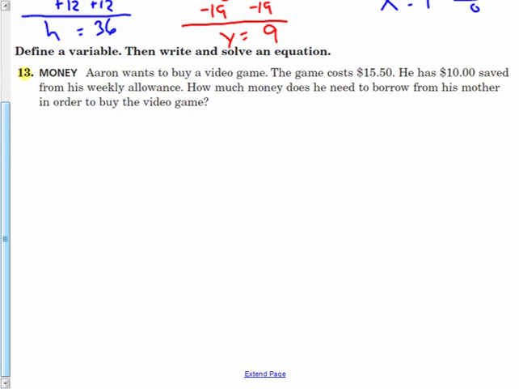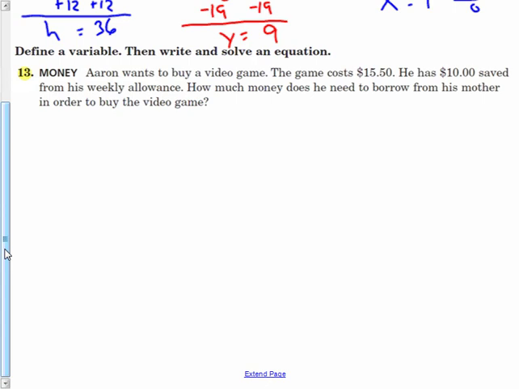How much money does he need to borrow from his mother in order to buy the video game? The tricky part is that students always want to go straight to the answer. I want to find out how much money Aaron needs, so I'm going to do 15.50 minus 10. While that's correct, you're skipping a step and getting straight to the solution. I want you to write and solve an equation, as the directions say.